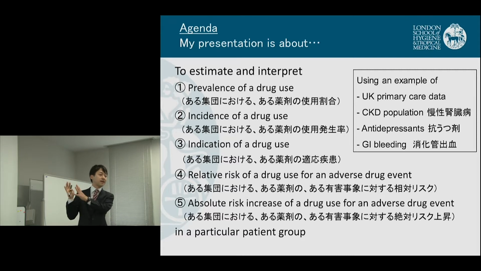This is just my example, but I hope that you will apply my methods to your own research using another example, such as the Japanese JMDC database, diabetes population, antibiotics and heart disease, and so on.